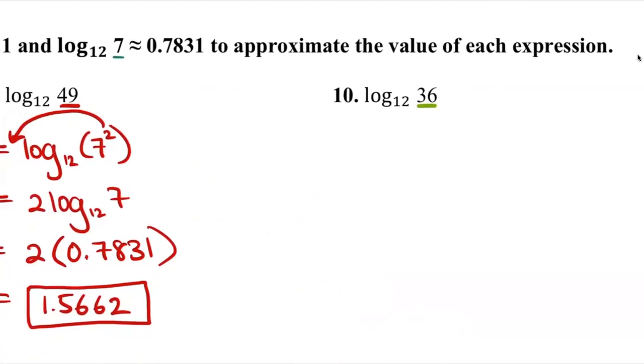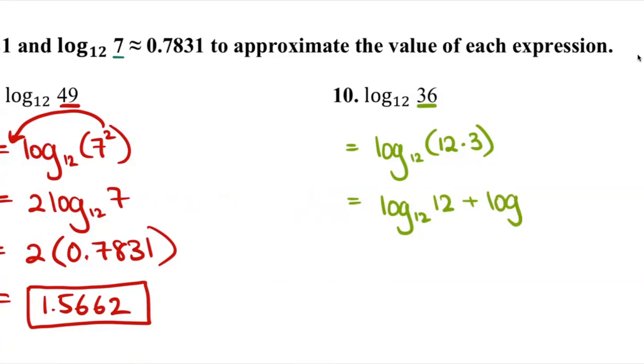So what I would do is I would actually break this up to be log base 12 of 12 times 3. Well, that's true. 12 times 3 does get me back to that 36. And the reason why that's okay to use is because we don't need a calculator to tell us what log base 12 of 12 is, hopefully. All right, so I'm going to split that up using the property, right? I'm going to add those logs because it's multiplication.